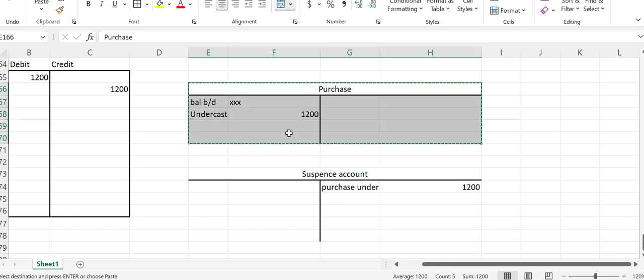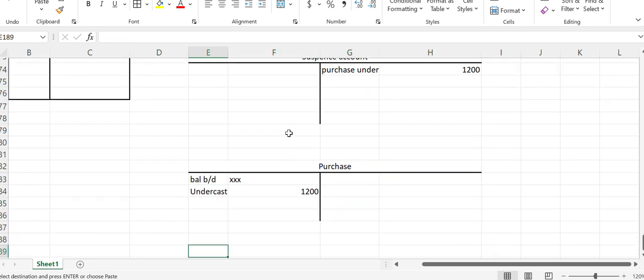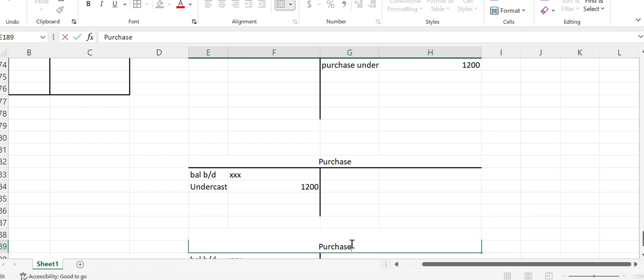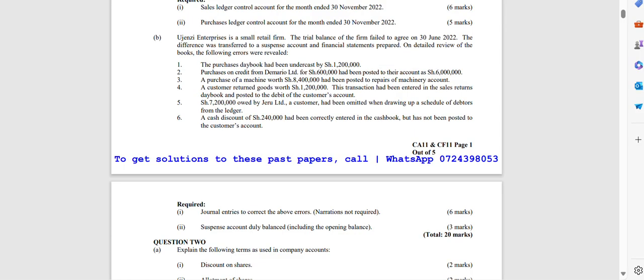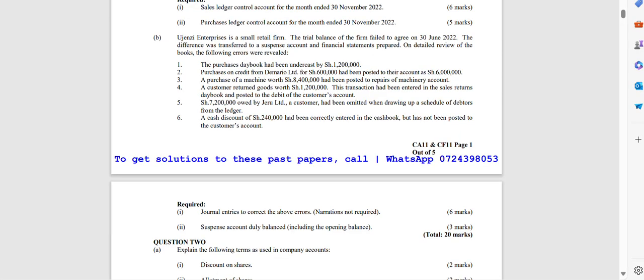Remember these accounts, you do them at the back except suspense, just to help us navigate. So we have purchase account, and the other one is called the Mario.